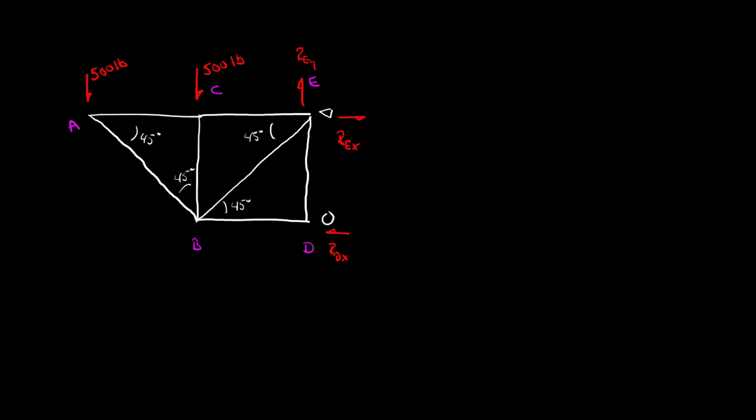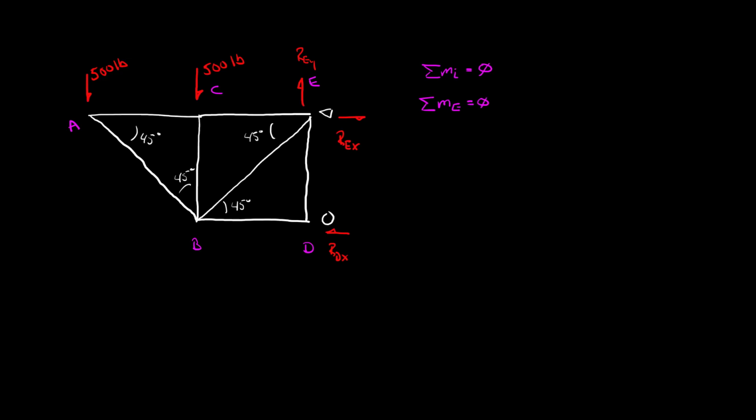So what I'm going to do is say up here that if the sum of the moments about any point has to equal 0, I'll go ahead and choose an easy one, and I'm going to say the sum of the moments about E have to equal 0.